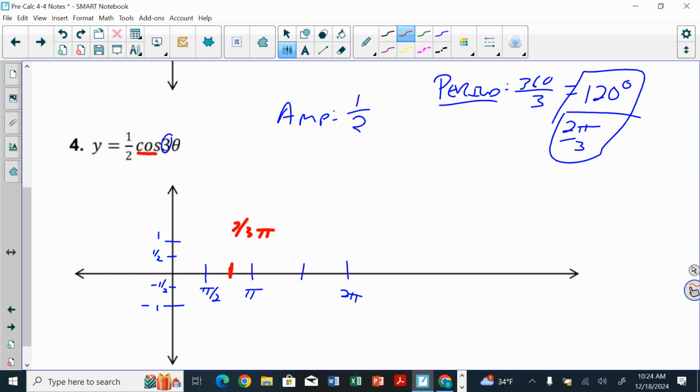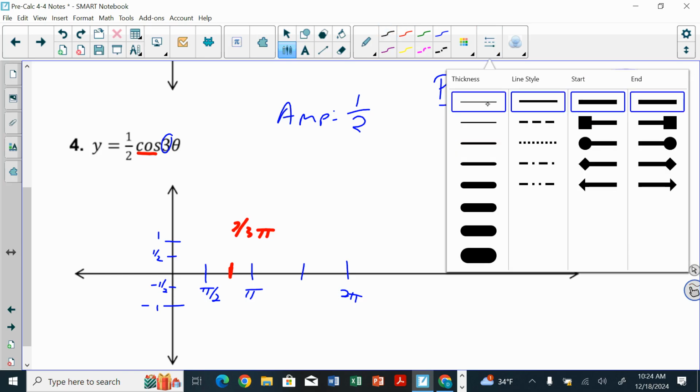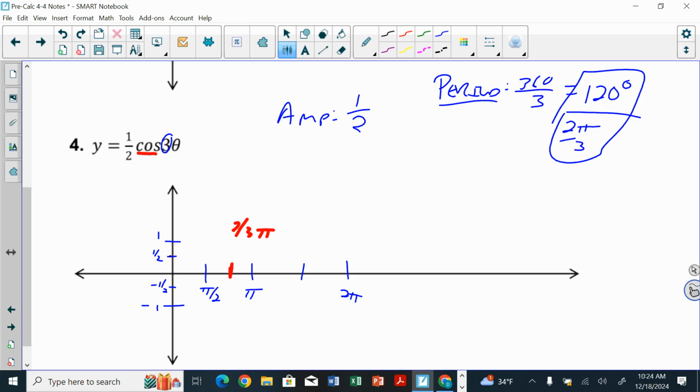Now I've got to have my period go this way. It's going to start up here and drop down here. It's going to be a slow roller, and eventually come back up, and then here is where it's going to stop. And it's going to keep doing that throughout as we just keep the curve going.